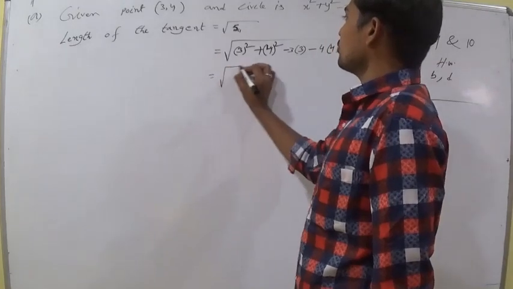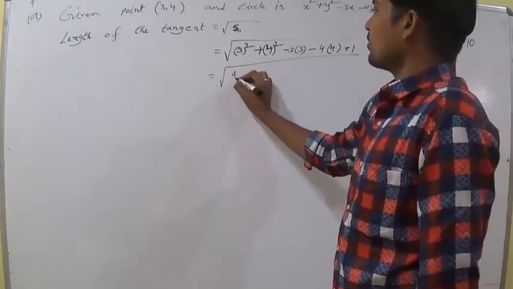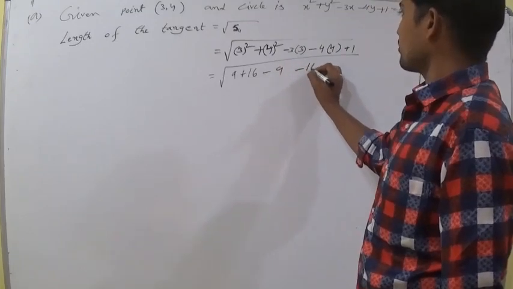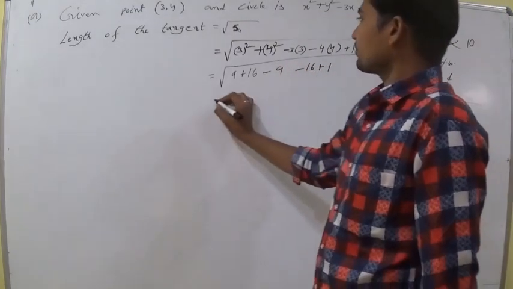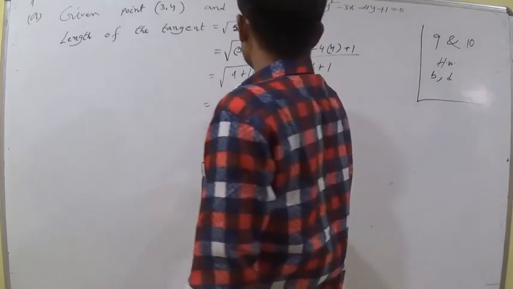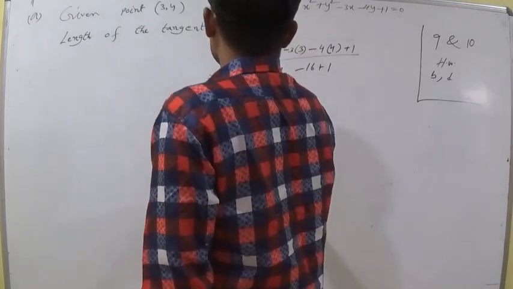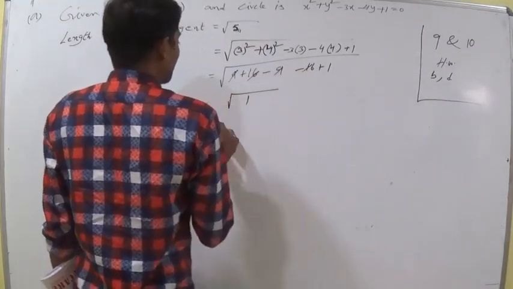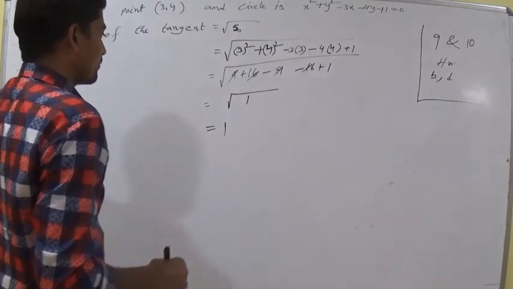So square root of 9 plus 16 minus 9 minus 16 plus 1, which is equal to root of 1, which is equal to 1.